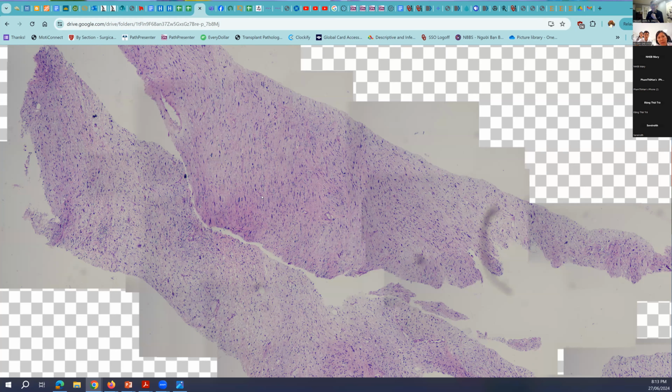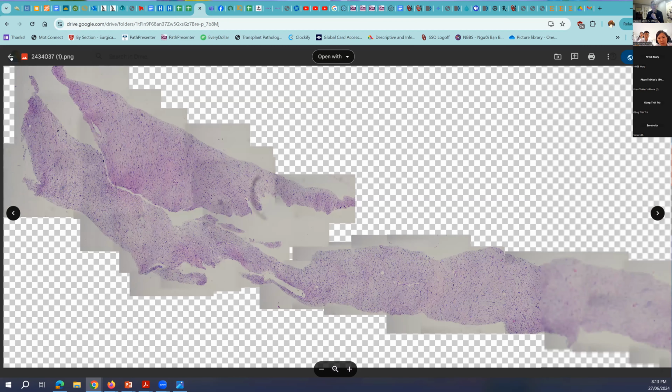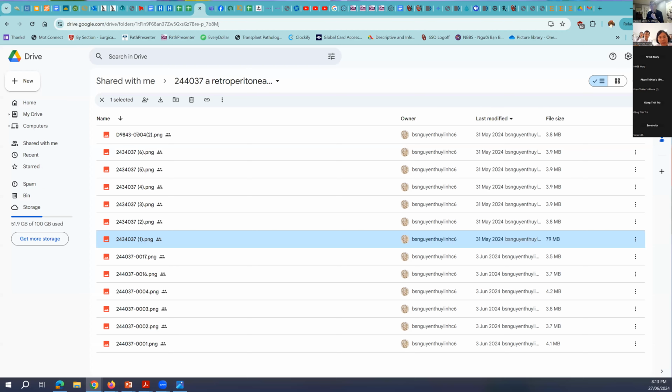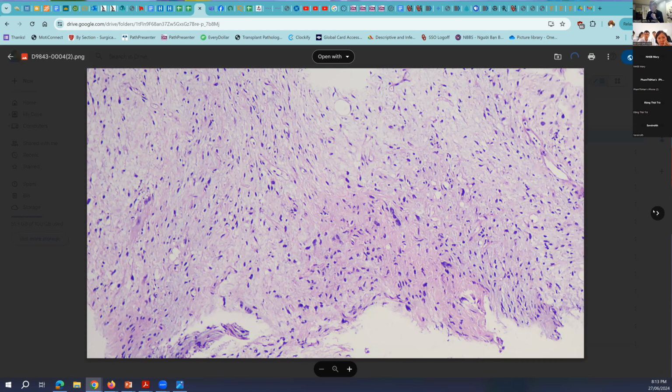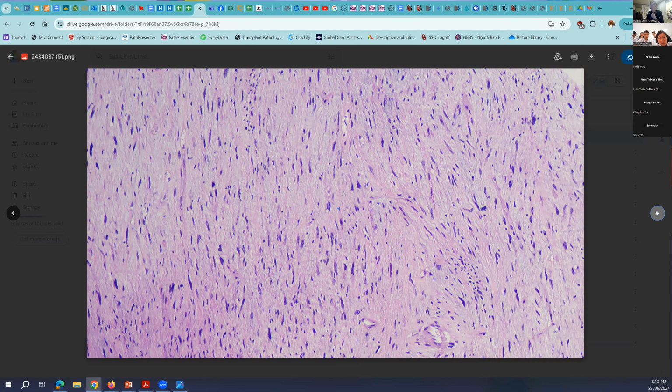Can you see in the folder I sent you? Yes, let me see if I can go back to those photos and demonstrate those. Let's see if I've got the immunos here.